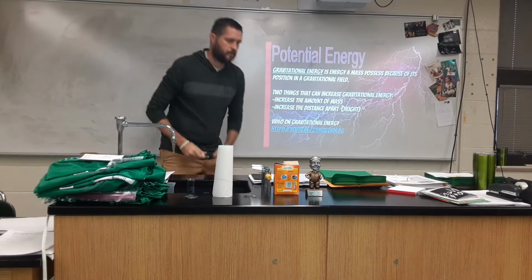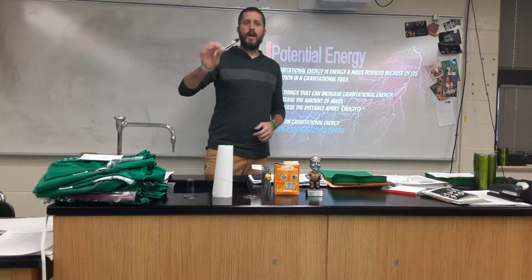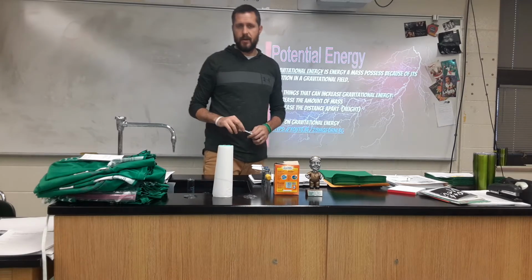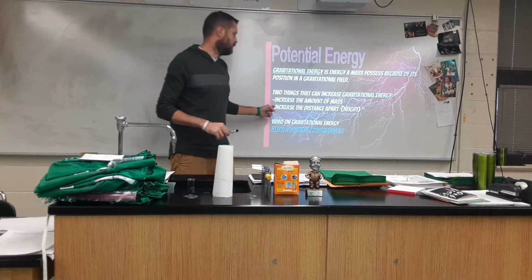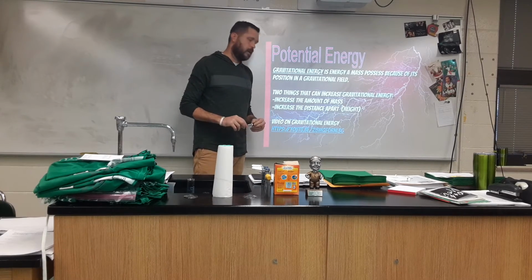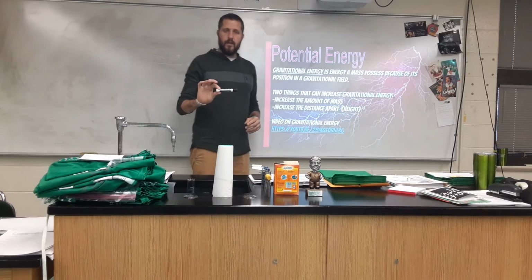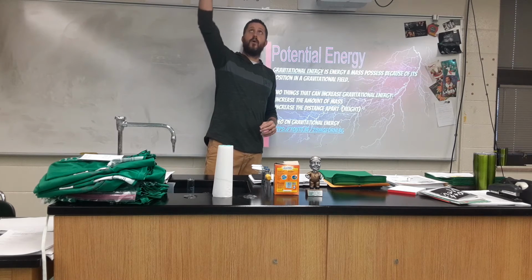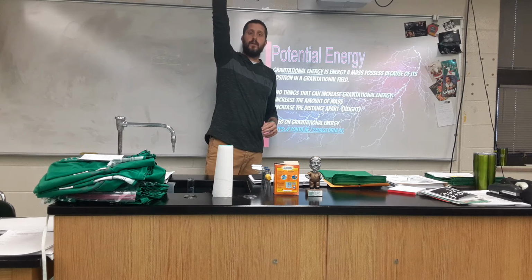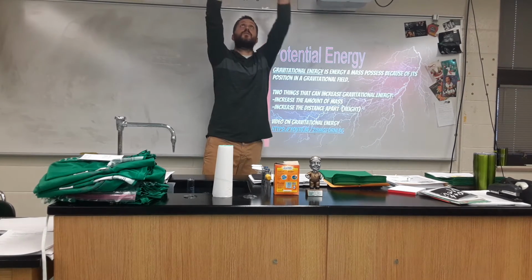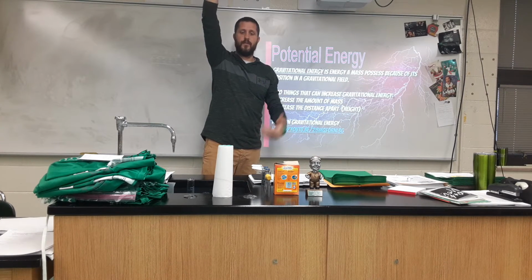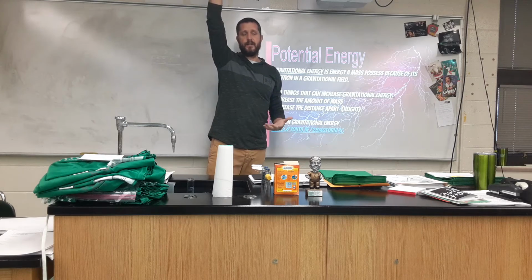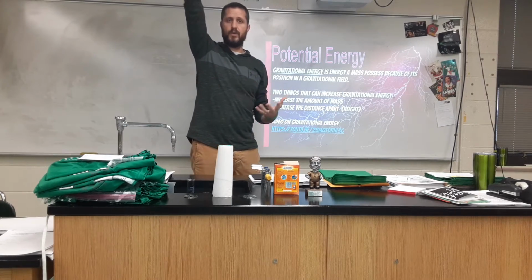There's two ways we can increase or decrease the amount of gravitational potential energy. So let's look at this one first. This one's kind of the easiest one to understand. The more I raise the marker, the more potential energy it has because it's going to travel a further distance, right? So the fall is going to be further, okay? It's going to have actually a chance to accelerate more too, all right?